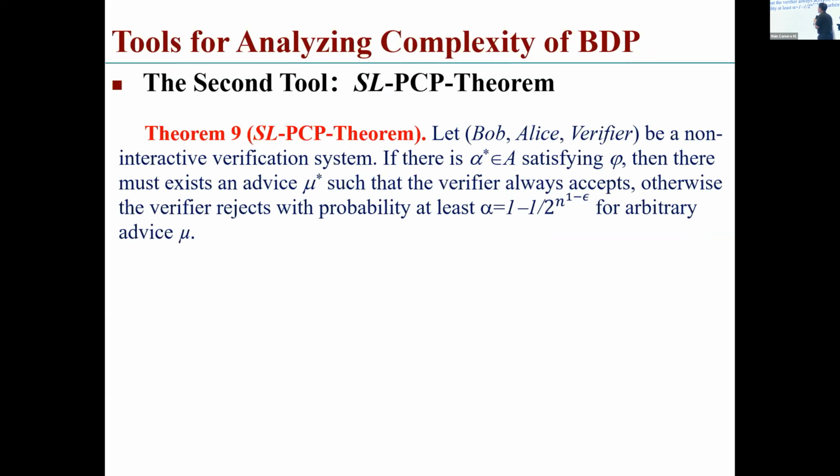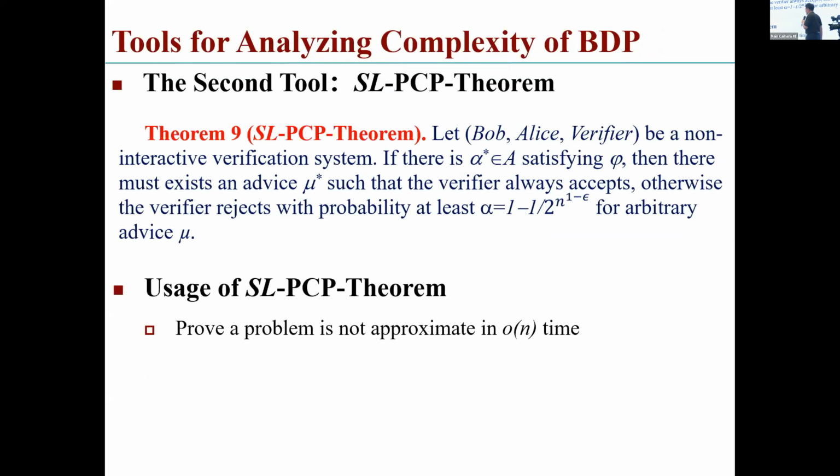This is the sublinear PCP theorem. The usage of the sublinear PCP theorem is to prove a problem is not approximable in sublinear time. Actually, proving a problem is not approximable in sublinear time is very difficult.